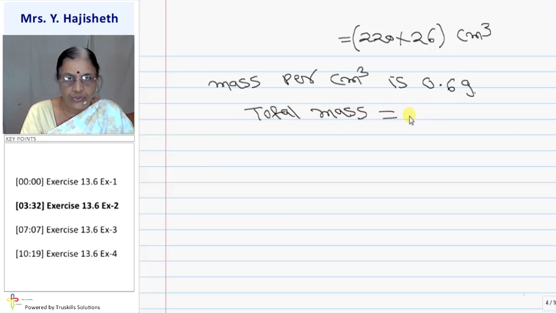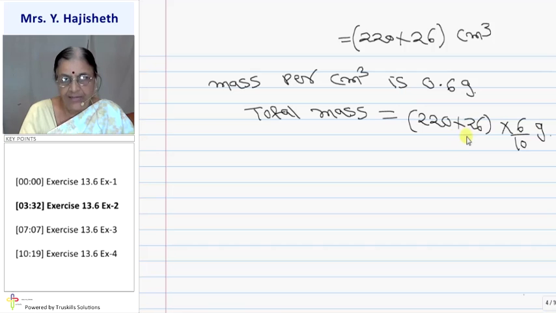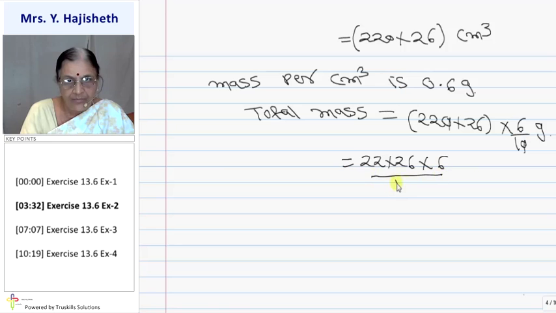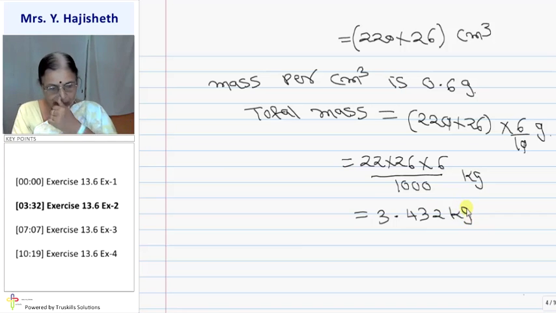Mass per unit volume is 0.6. So it is 220 into 26 into 6 by 10 gram. This many grams came. Now we will convert it to kilogram, one zero is gone. It is 22 into 26 into 6 gram. To make it kilogram, divide by 1000. So it is coming 3.432 kg. You multiply it and cut 3 decimals.